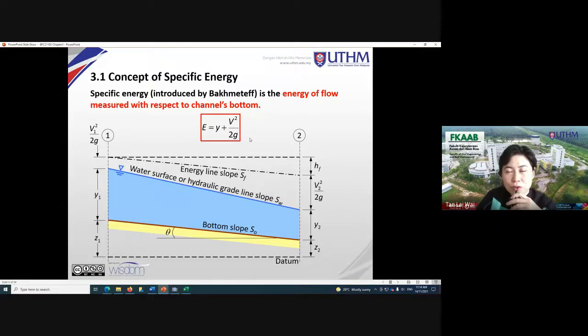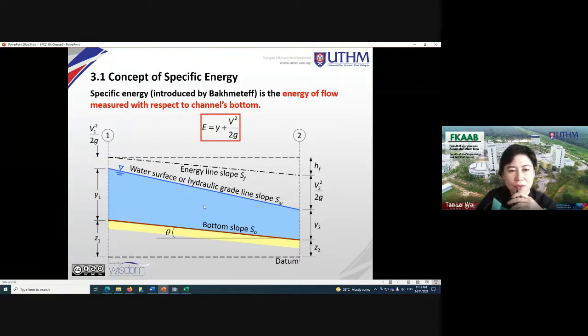If you still remember in your pipe flow analysis, you have Bernoulli's theorem, where you have the pressure term, the velocity term, and also the potential energy term.